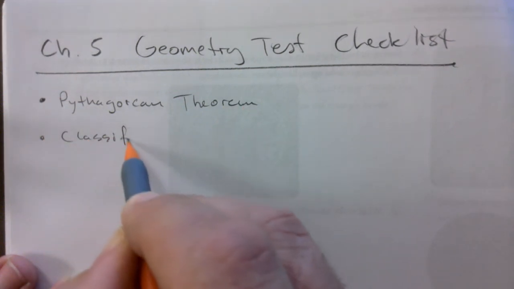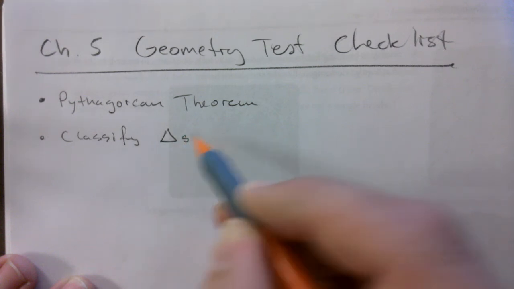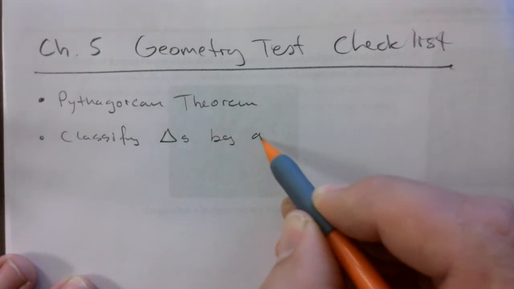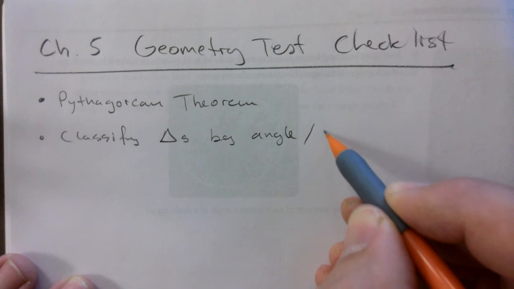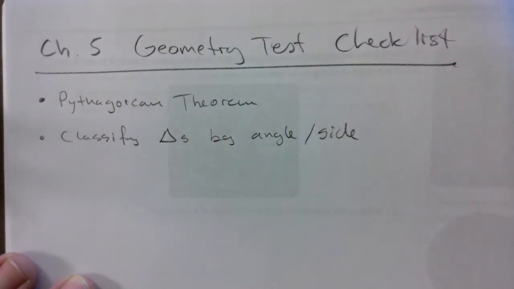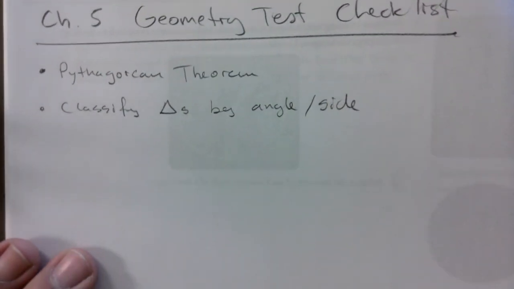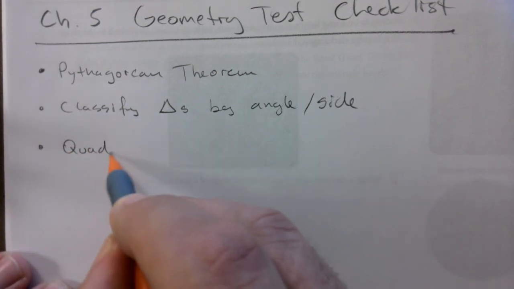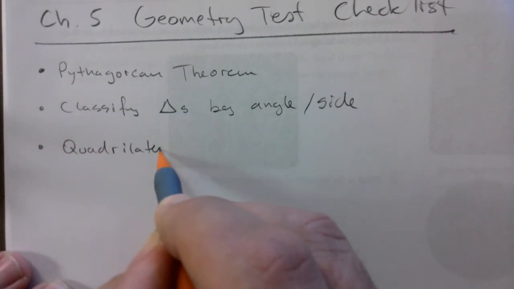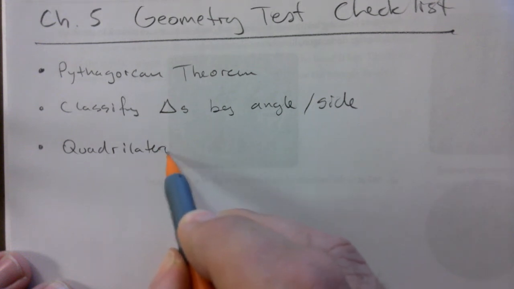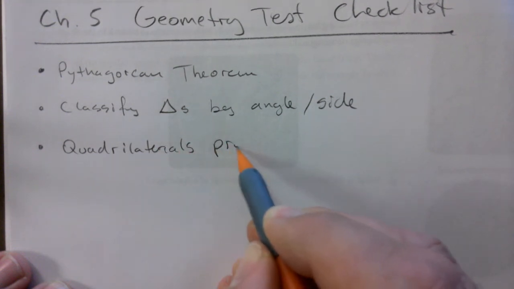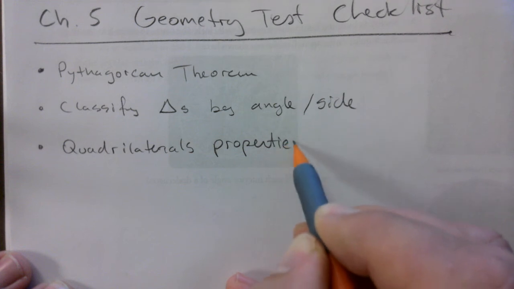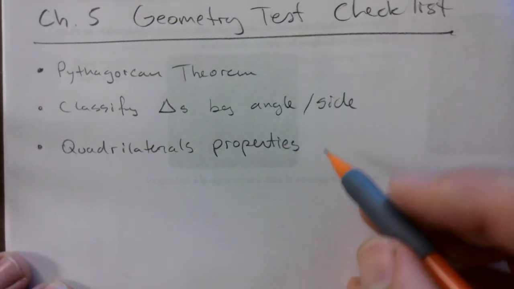Classify triangles by angle and side. Okay. Quadrilaterals, properties, right?